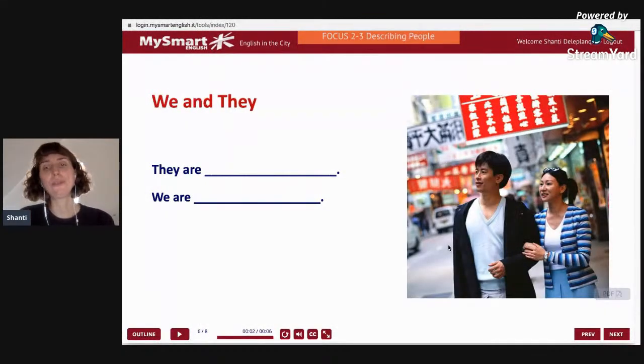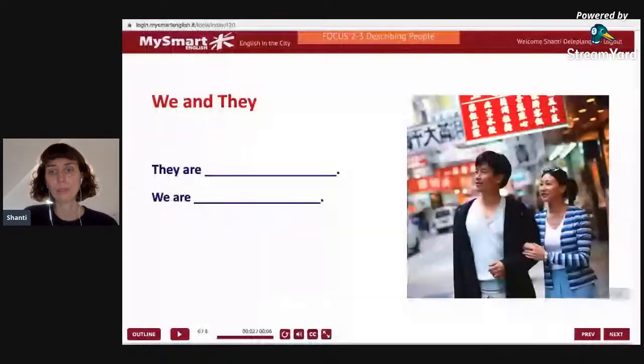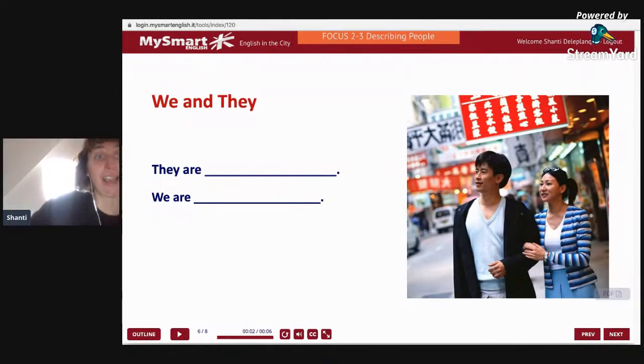Okay, here we have two people in the photo. What can we say about these people? They are young. Yes, correct. They are young. Hey, Valentina, no problem. They are Chinese.